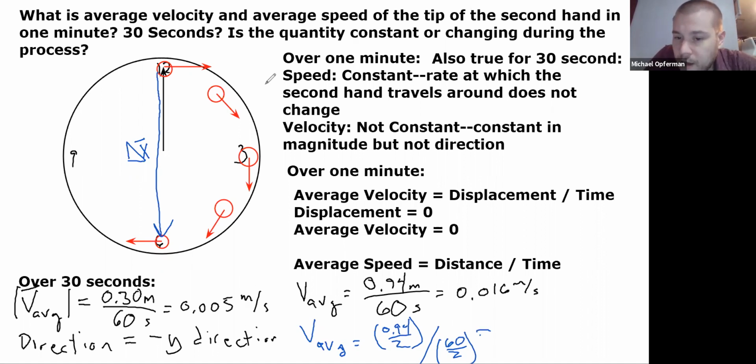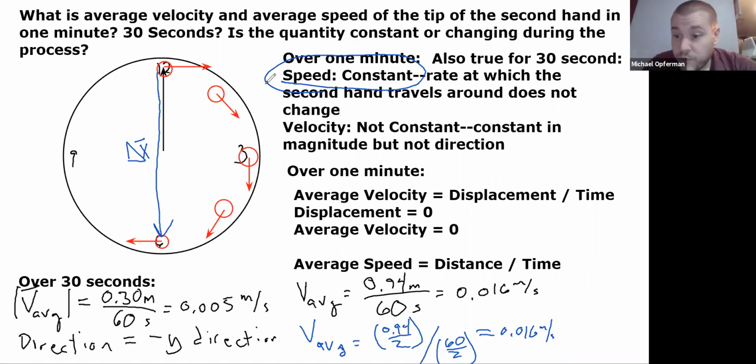But of course, that's not going to make any difference mathematically, and you're going to get the same final answer. So the average speed, remember at the beginning here, we said that the speed was constant, and that's why the average speed doesn't matter whether you consider 30 seconds or 60 seconds, because it's always the same, but not true for the average velocity.